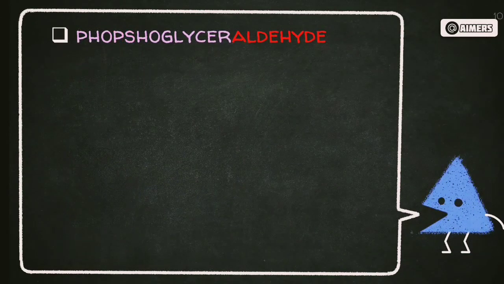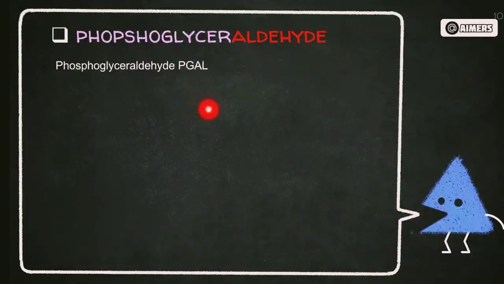Now the next component is phosphoglyceraldehyde. Now this is aldehyde. That was glyceric acid and now this is aldehyde in nature. So it is called phosphoglyceraldehyde, and we write phosphoglyceric acid as PGA while we write phosphoglyceraldehyde as PGAL. AL means aldehyde. So please focus on the abbreviations, they are so important.